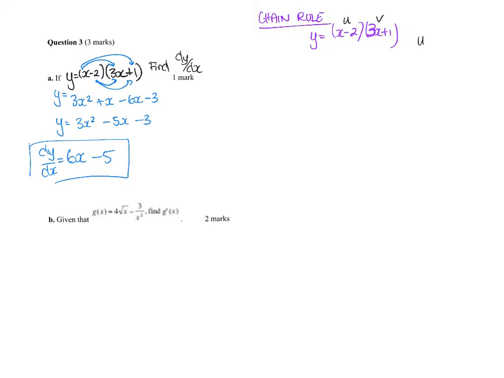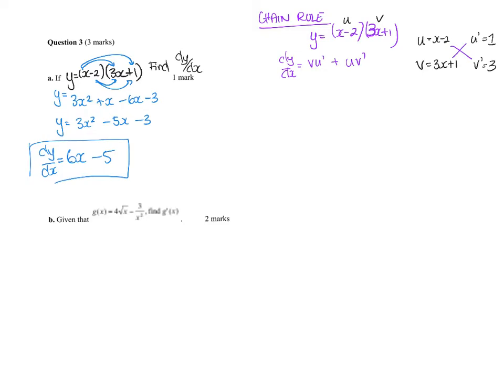If I call u x minus 2, the derivative of u would be 1, and if v is 3x plus 1, the derivative of v would be 3. The rule is dy/dx equals v du plus u dv, yeah? So I'm going to go that guy with that one and that one with that one.